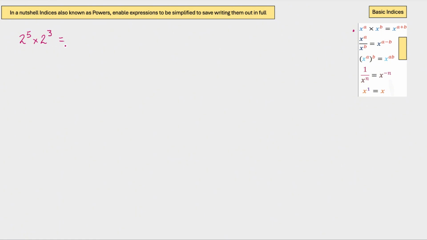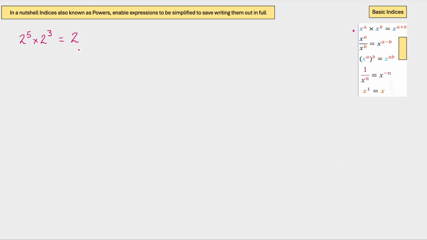Now the rule says that when you multiply the powers or indices, you add them. Yes, it's strange, but you do need to know it.